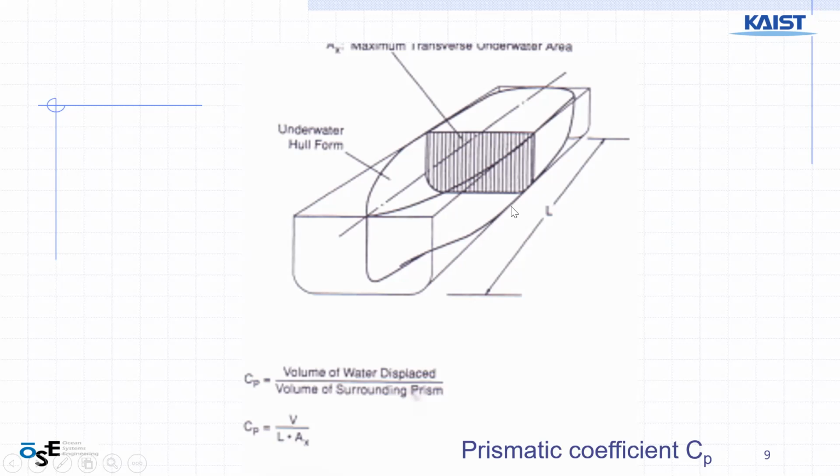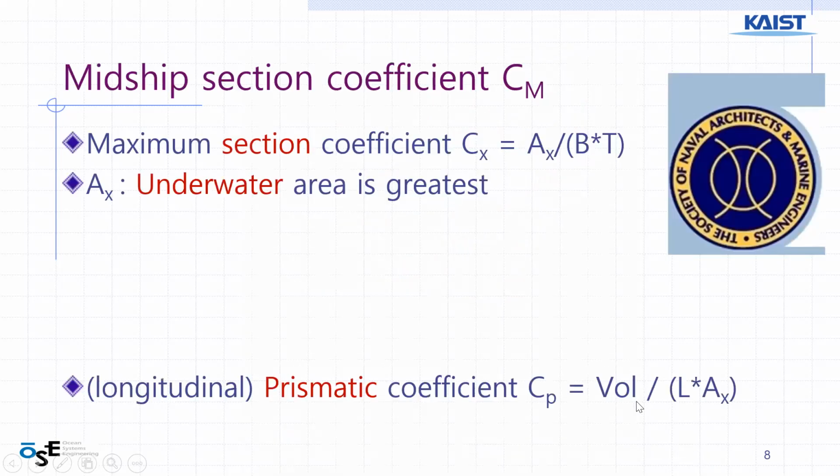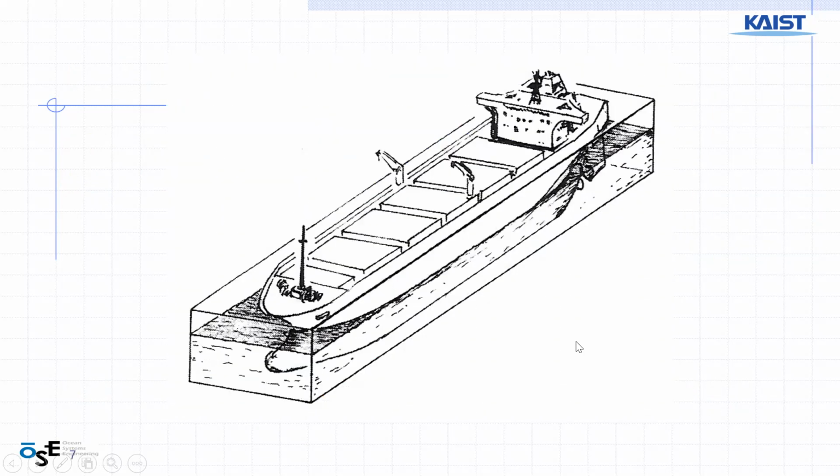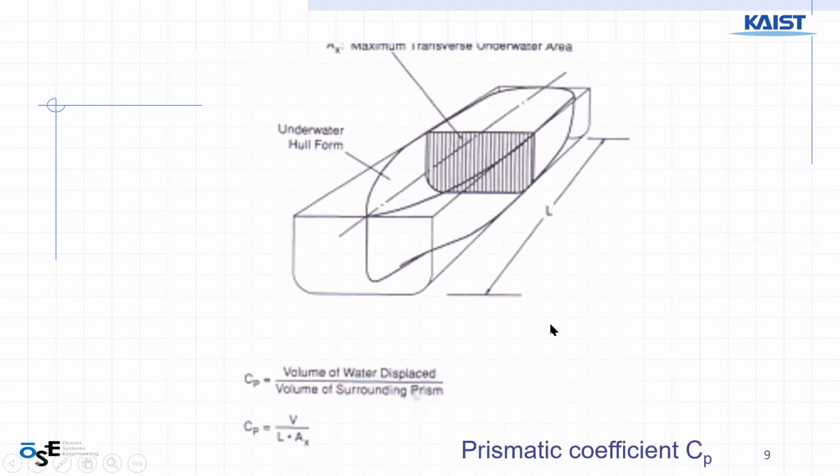So the division by L multiplied by AX, this area AX and the length L, this box is the dividend below, the volume of the surrounding prism.